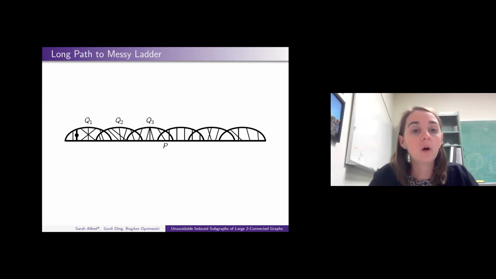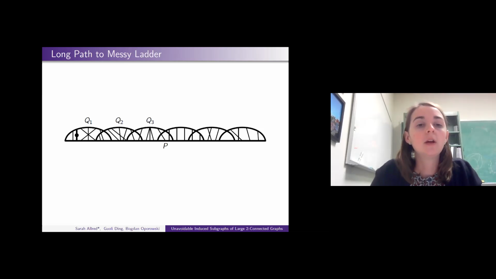All right, we also know that every path Q has at least one vertex. It has to have at least one vertex because our path P is induced. So if Q was just a single edge, then our path is not induced.